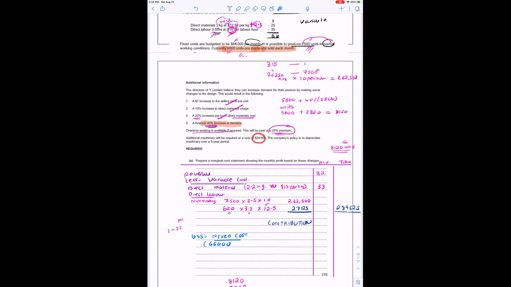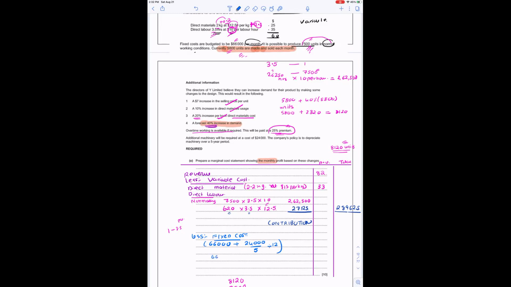But this machinery will work for 5 years. And I'm using it for this year and for this month because I'm going to prepare a monthly statement. So 66,000 plus this machinery of 24,000 which will be used for 5 years. Whatever I will get, I will divide it by 12 because I'm preparing a monthly statement.